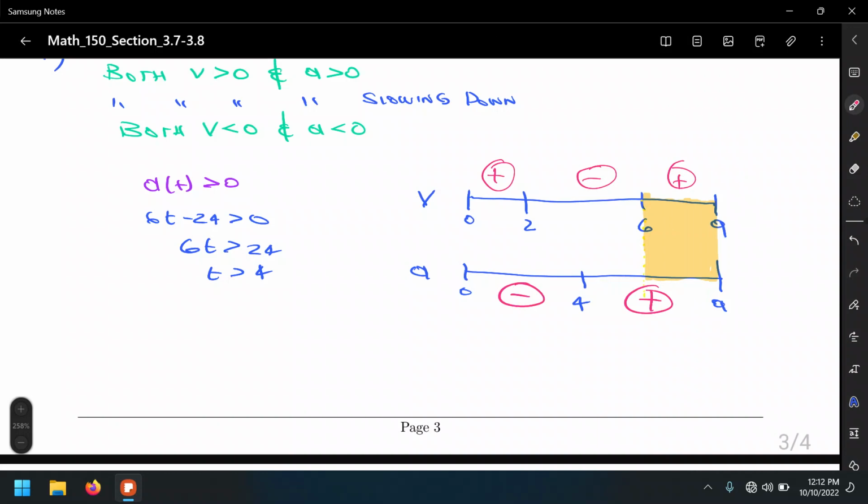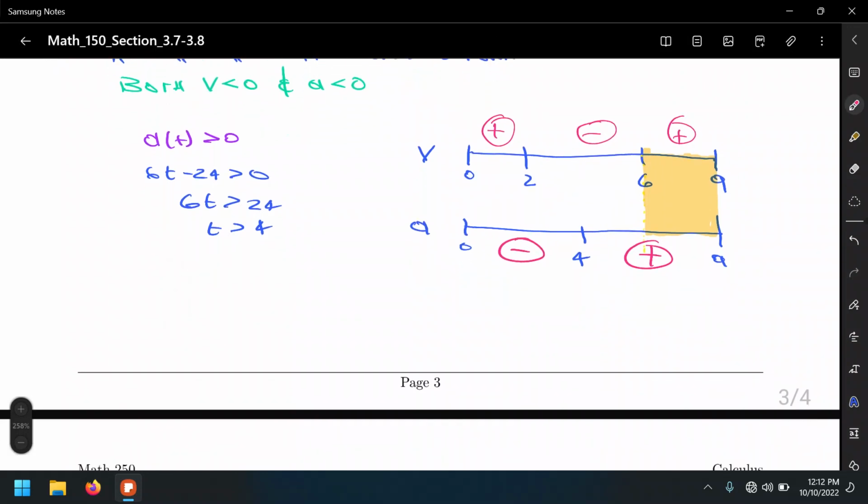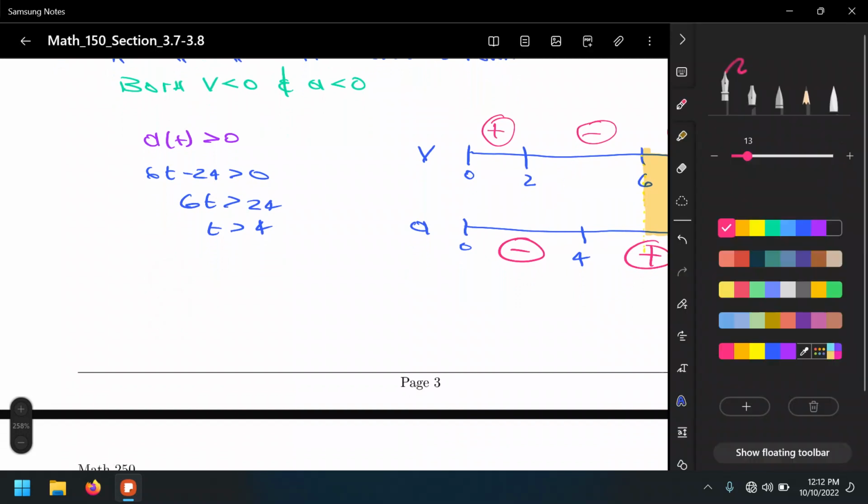So in this case we can conclude that there is another place where there is an overlap actually from 2 to 4. How come from 2 to 4?